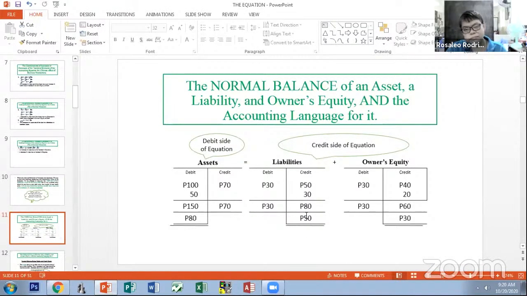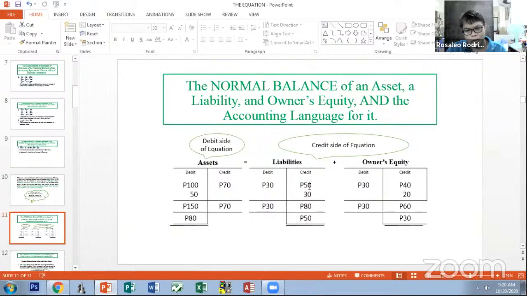Example here, we have 50, assuming that the business accounting entity borrowed money. So there is an increase in the asset, but also a corresponding increase in the liability. Increase in the asset is debit, and increase in the liability is credit. So both variables increase. On the other side of the equation, liability, it is recognized as credit.